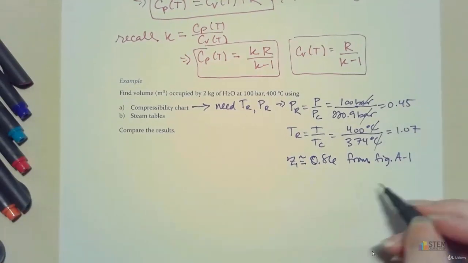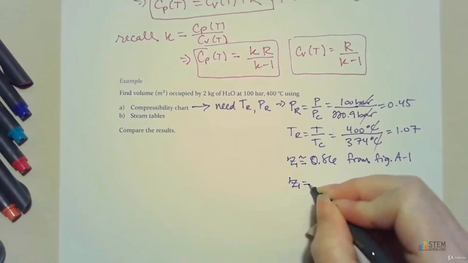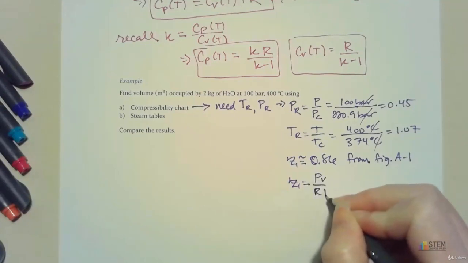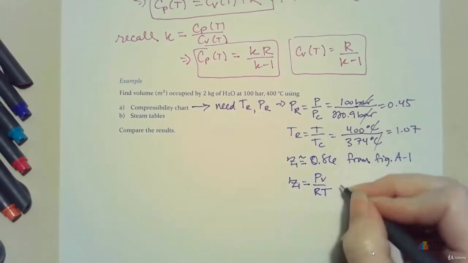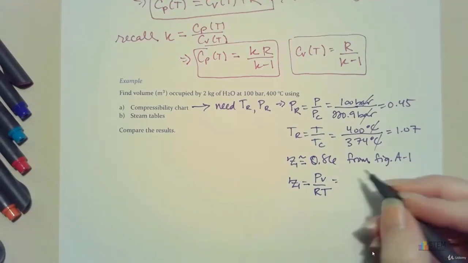Remember that Z is equal to PV over RT. Now, if we can find this specific volume, then using the mass, we will be able to find volume. All right, so let's do that next.